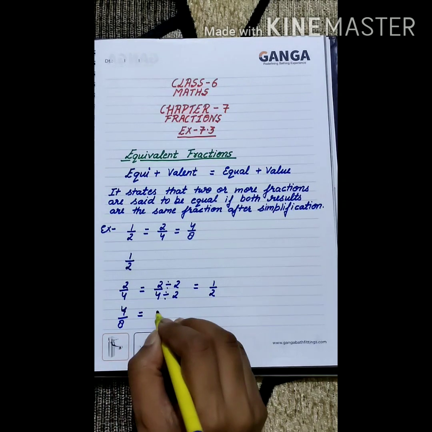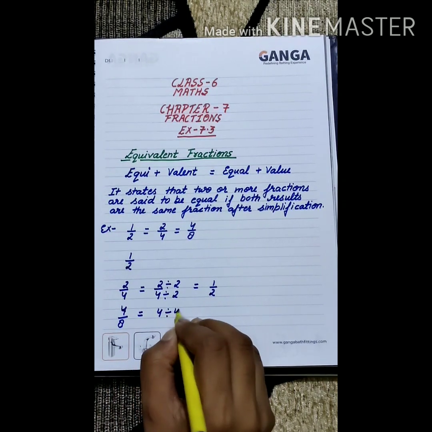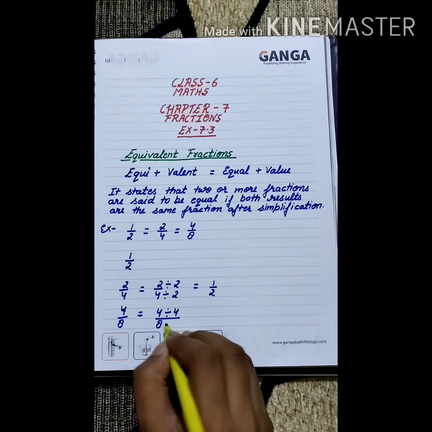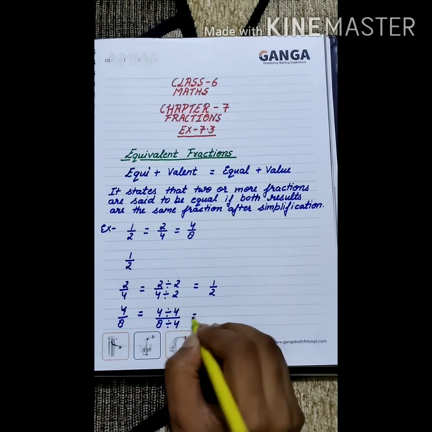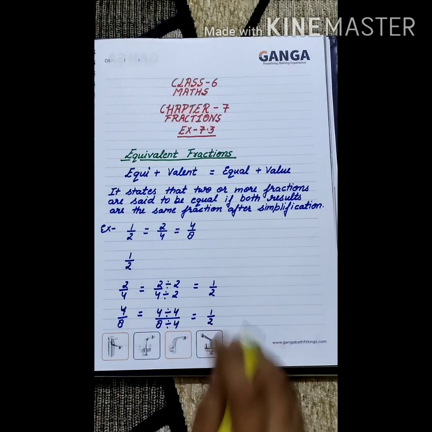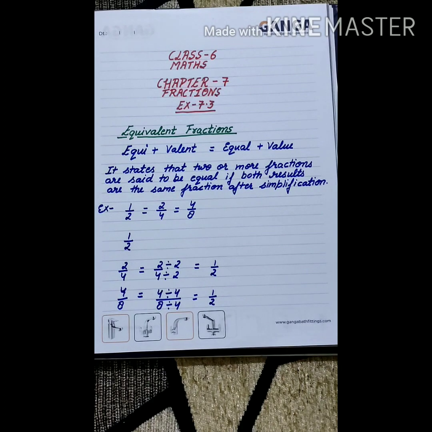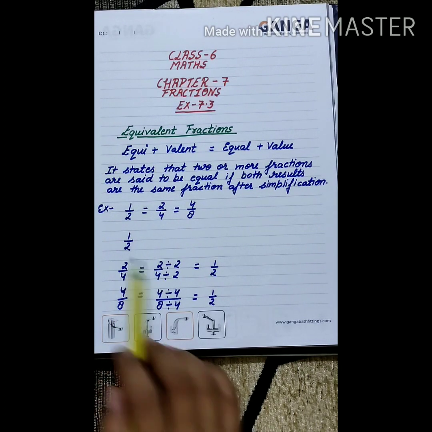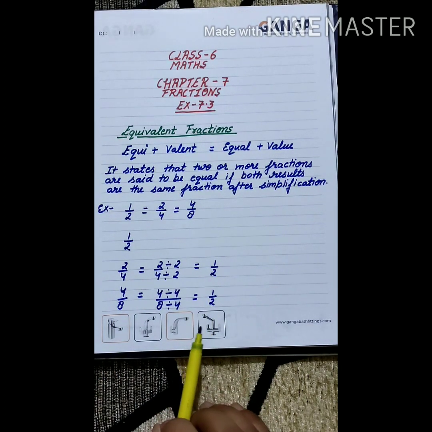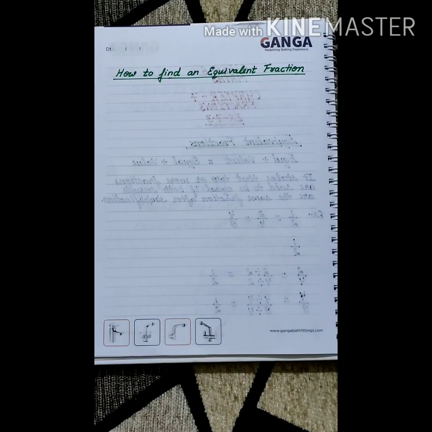It is not in simplest form, so we will convert it into simplest form by dividing it by 4, and we will get 1 upon 2. Children, as you can see in this video, these all fractions have same value after simplification, hence they are equivalent fractions. Let's understand how to find an equivalent fraction.